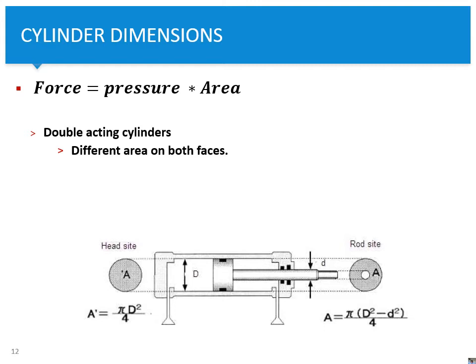And this has a consequence that the force in the retracting stroke may be lower. So you need to take care in which stroke the amount of force is most important.